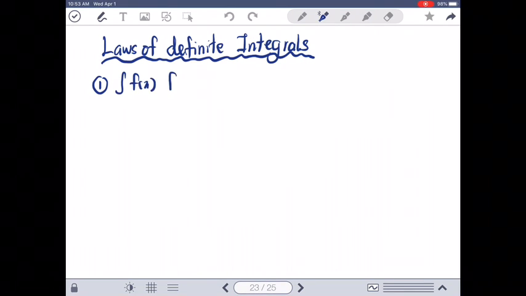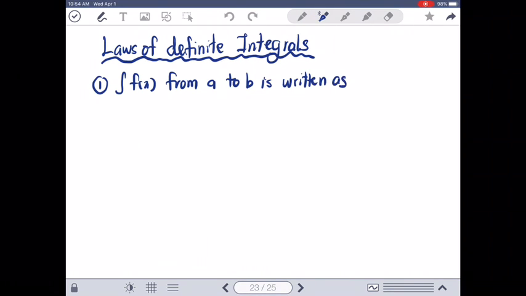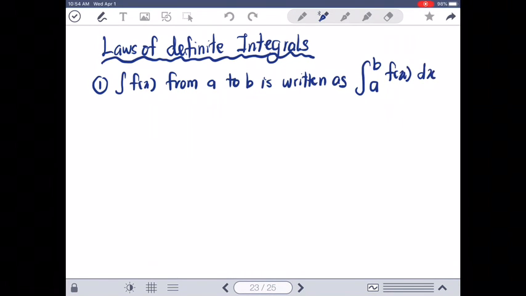integration of f of x from a to b is written as integration from a to b of f of x with respect to x.